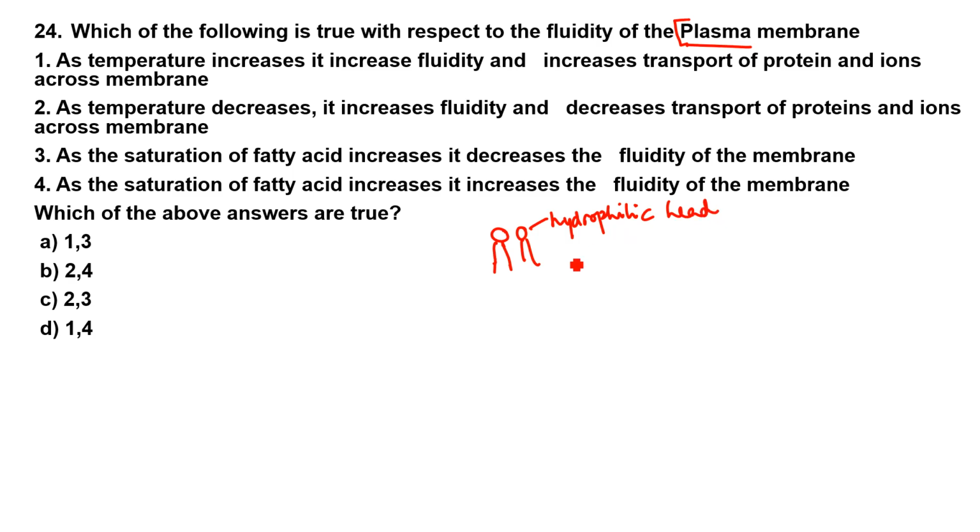These plasma membranes are very flexible in the sense that the lipid molecules can interchange with each other. They can move from one leaflet of the membrane to the other, or they can move laterally. They can undergo flip-flop motion.